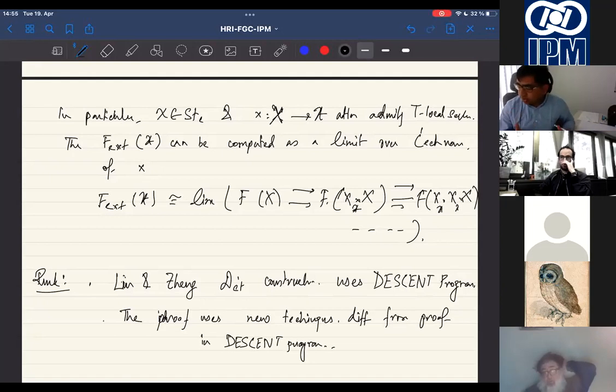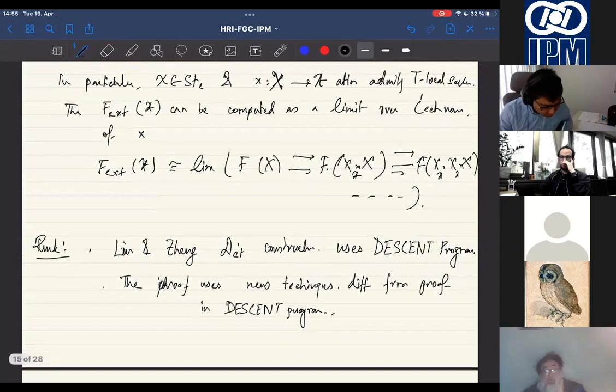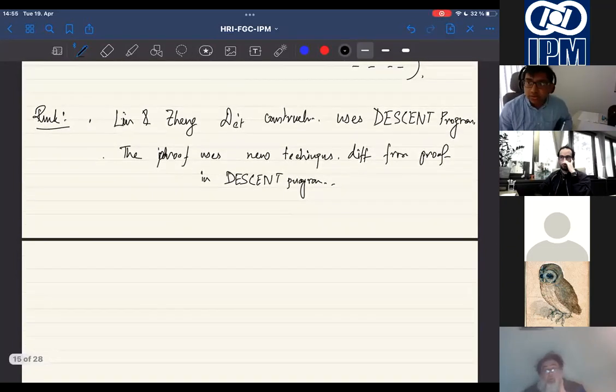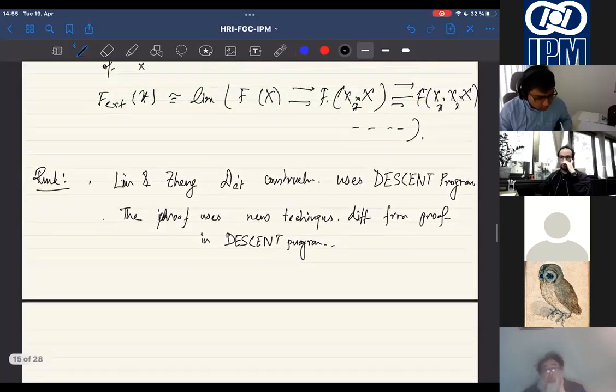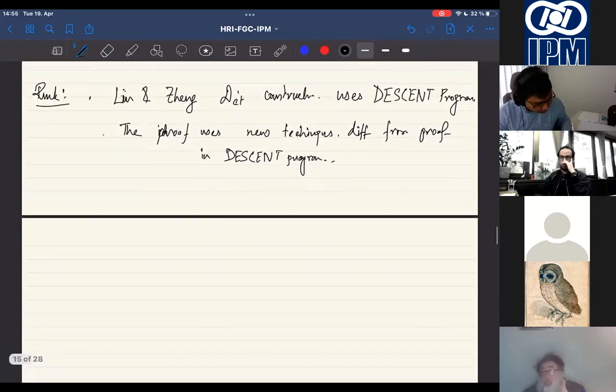The proof is inspired by theirs, but the outline, the whole thing, is a bit different from how they prove such results. Now, if I have time, which I probably will not, I can answer in the question session, if somebody asks, how this proof is done, or give a brief idea. But let me go back to how our stable homotopy functor is defined.